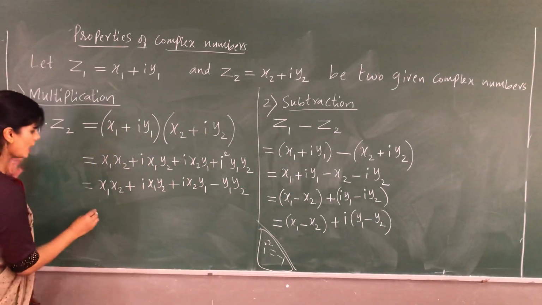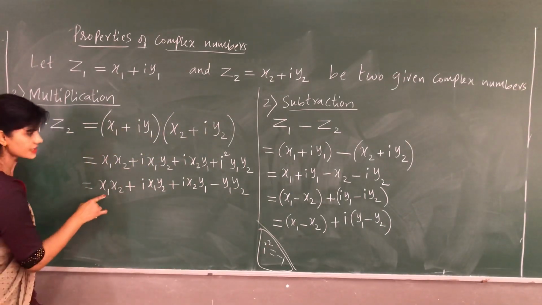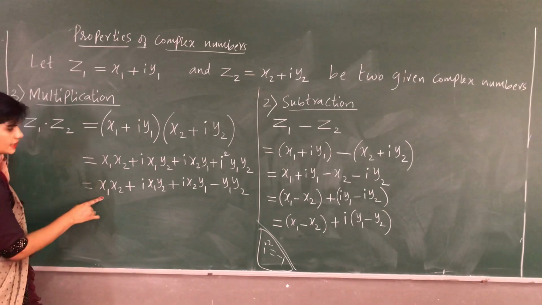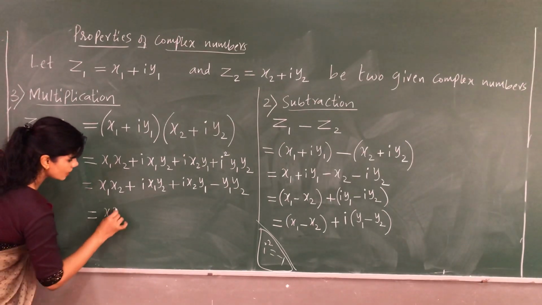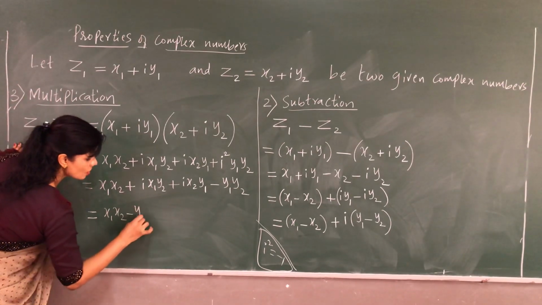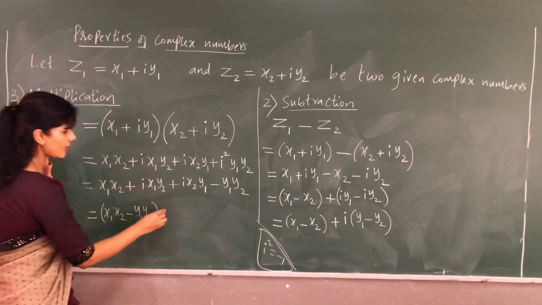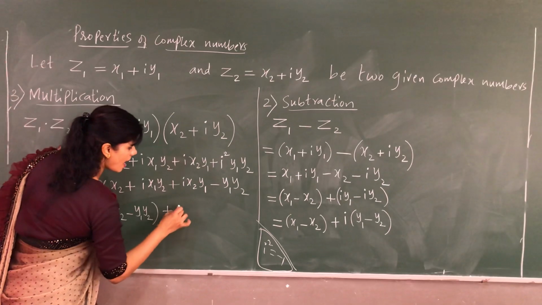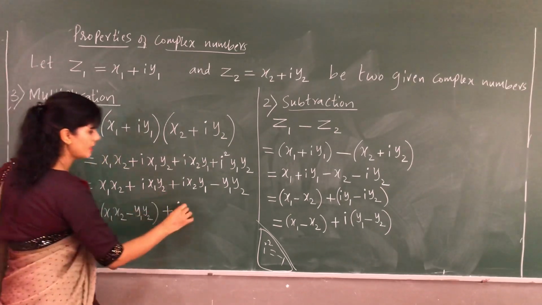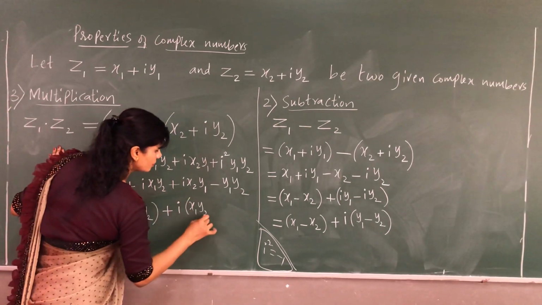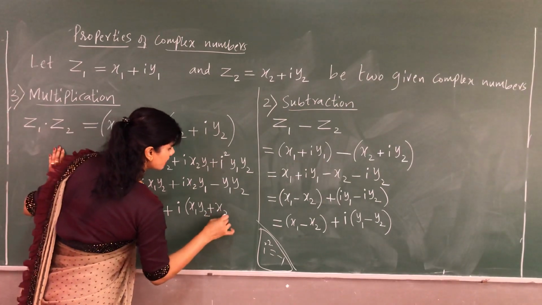Okay? So now, here the real parts are first and last, which have no i in them, therefore it is the real part: x1 x2 minus y1 y2. Okay, students? Plus i is common for x1 y2 plus x2 y1.